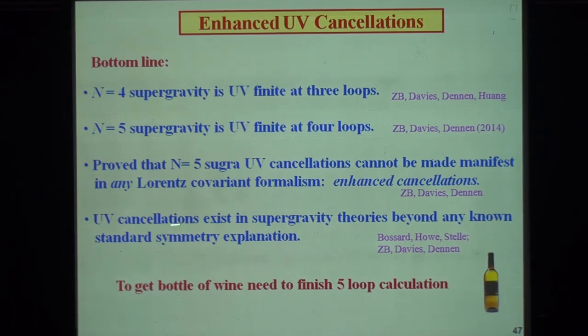I doubt very much my friends are going to be able to find the standard symmetry explanation. Anyway, they've tried multiple times, and I welcome more attempts to get to the bottom of this, to see maybe there is some way of giving a standard explanation. Now, to get the bottle of wine, you have to finish that 5-loop calculation. I think the bottle is mine, we just have to work a lot to actually get it.